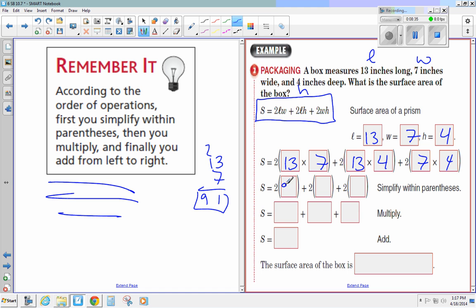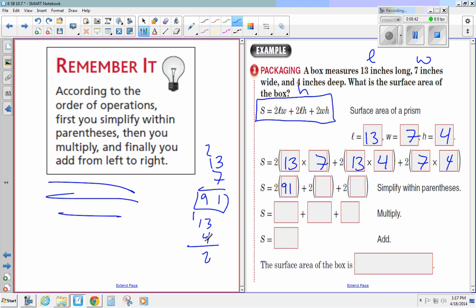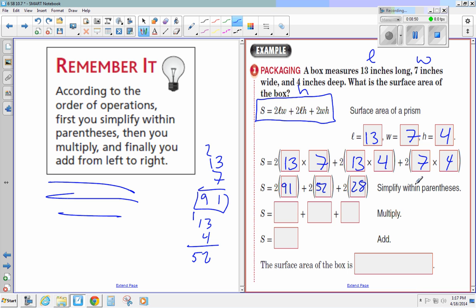Well, 13 times 7, 91. 13 times 4, 52. And then 7 times 4 is 28. So we've simplified within parentheses. Now multiply by 2. It's 182, 104, 56. And now adding.